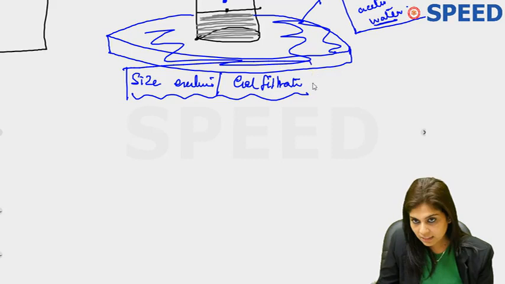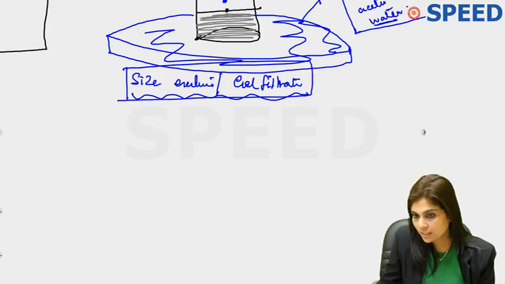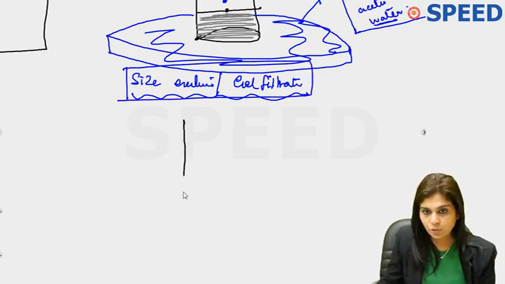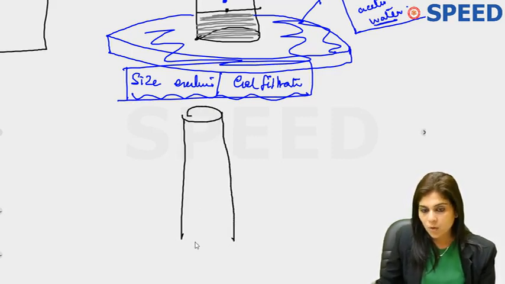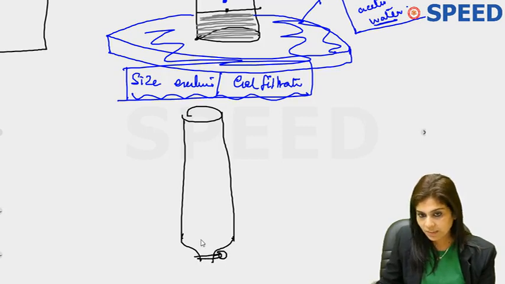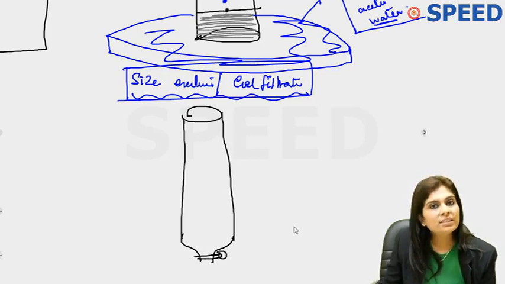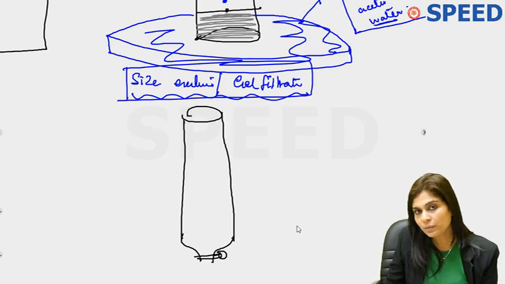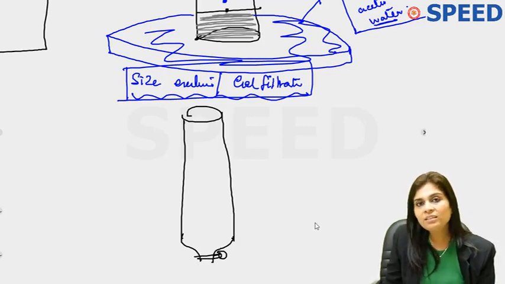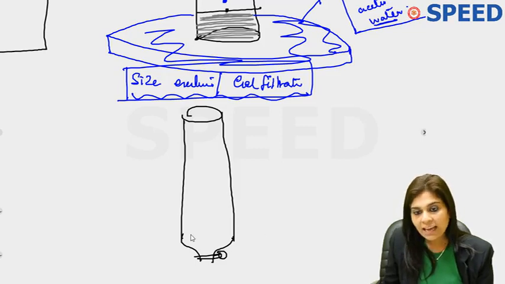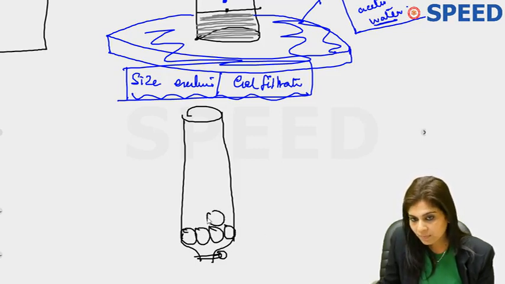Because in this technique you use as a stationary phase a column which is filled with synthetic polymer beads. Have you worked with a burette? In your school you must have worked with a burette with which you did titration, right? So that burette is the column that is used, and this column is filled with synthetic polymer beads.